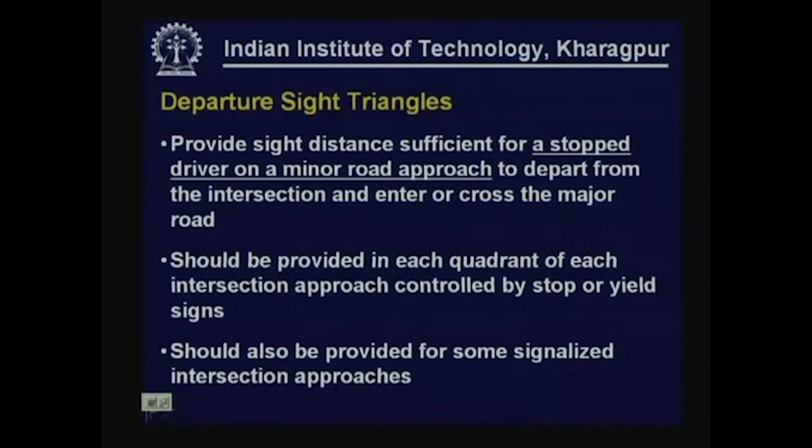Now, departure side triangles should be provided in each quadrant of each intersection approach controlled by generally a stop sign, because wherever there is a stop, a vehicle has to stop and then start the movement, either to cross or to take a left turn or to take a right turn.